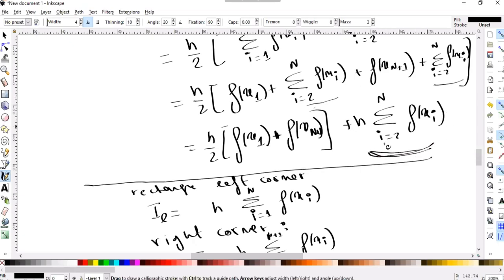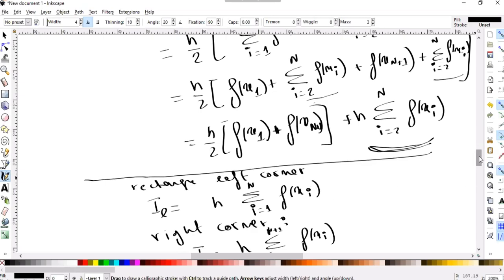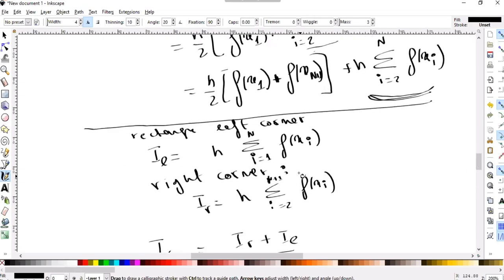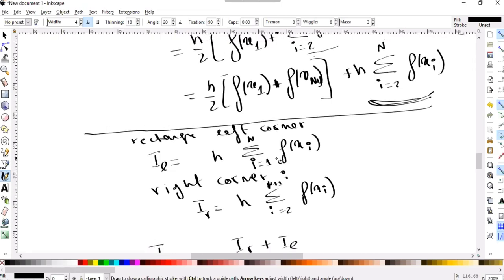So this would be the rectangle approximation. Basically, the rectangle left corner and right corner, in any case, differ just by the first term and the last term in the sum. One used the first term and the other used the last term, but the sum from i equals 2 till n is the same.